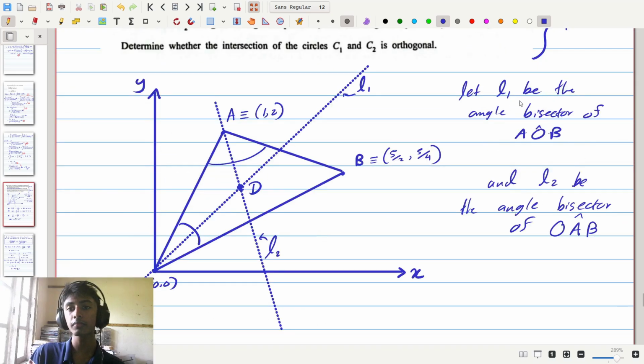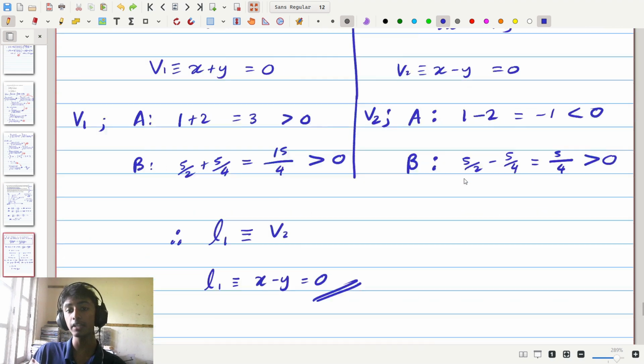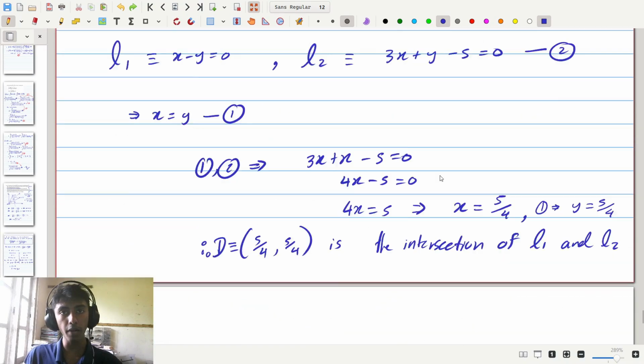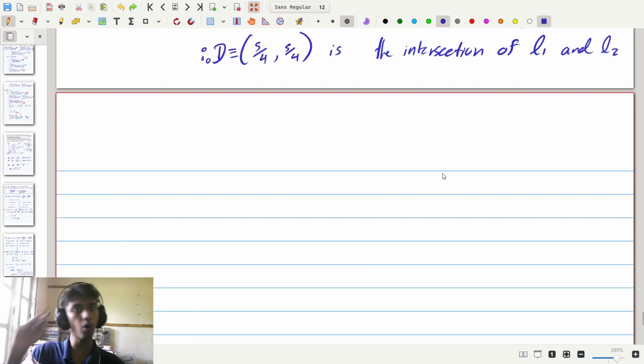We wanted L1 to be the angle bisector of AOB and L2 to be the angle bisector of OAB. So now we have those two, which means that we've completed that part. Now for the final part, where we need to find the distance between D and OA, it's quite simple.